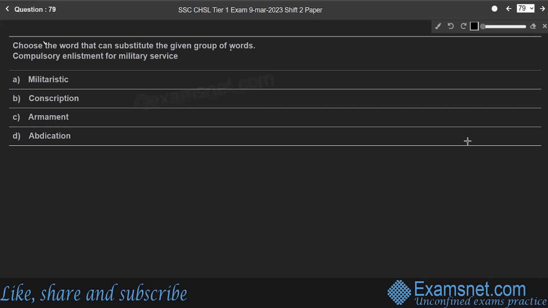Question 79. Choose the word that can substitute the given group of words. Compulsory enlistment for military service. It refers to the practice of requiring individuals to serve in the military, often against their will. The word that best substitutes this group of words is conscription, option B. Conscription is the official term for mandatory military service.